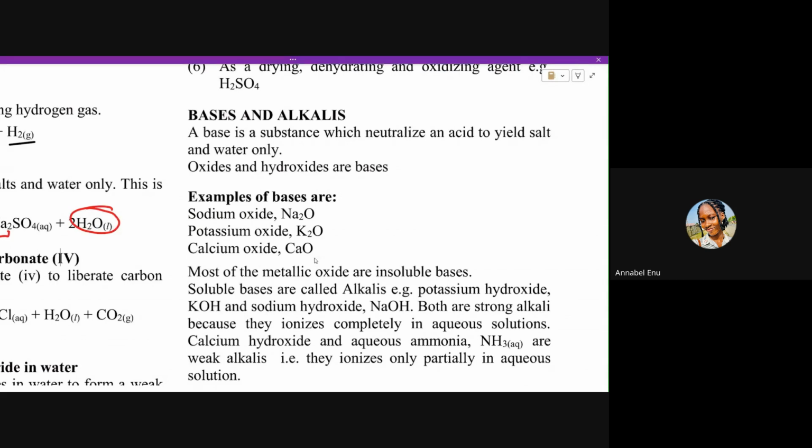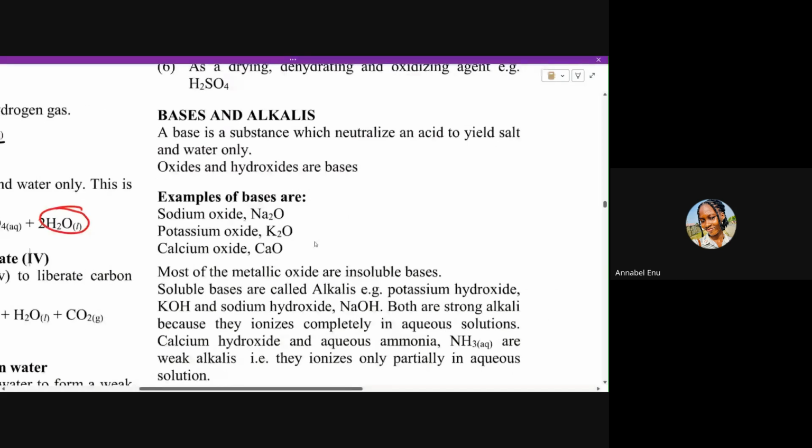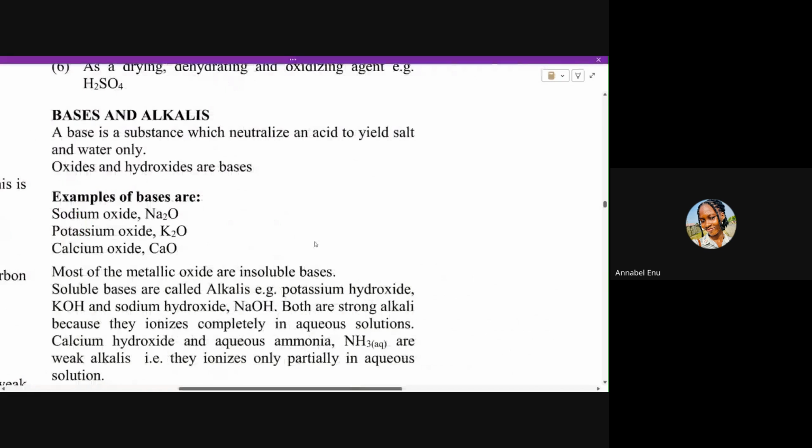Now, how do you identify a base? How do you know that this thing is a base or this thing is an acid? First thing, a base gives off hydroxide ion when dissolved in water. A base would give us a hydroxide ion as the only negative ion when it is dissolved in water.